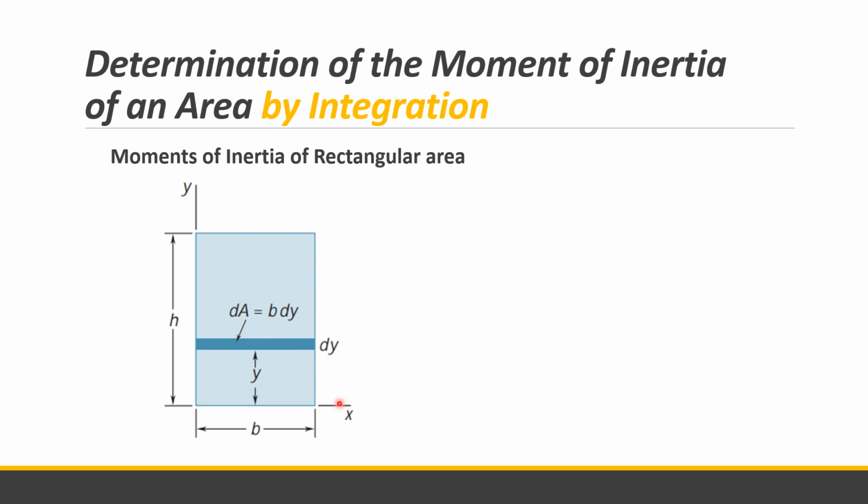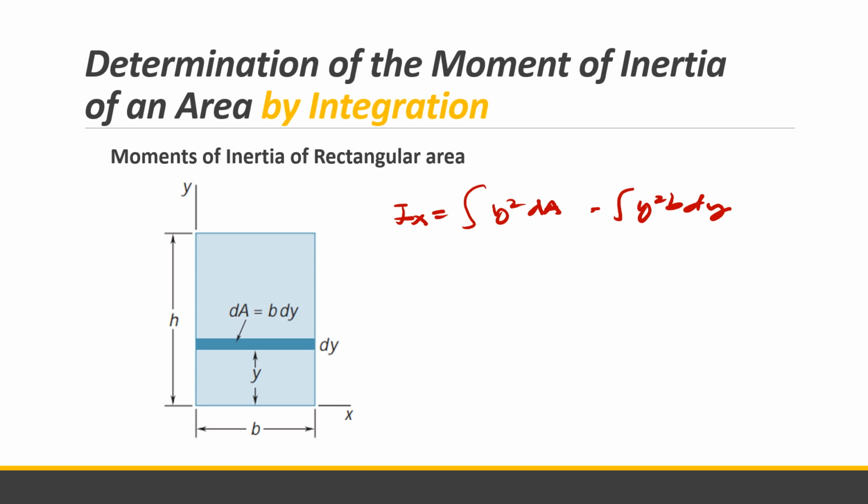So since dA is equals to b dy, using the equation we have here, the moment of inertia with respect to x-axis is equals to integral of y squared dA. Okay, so since dA is equals to b dy, magiging integral of y squared b dy.